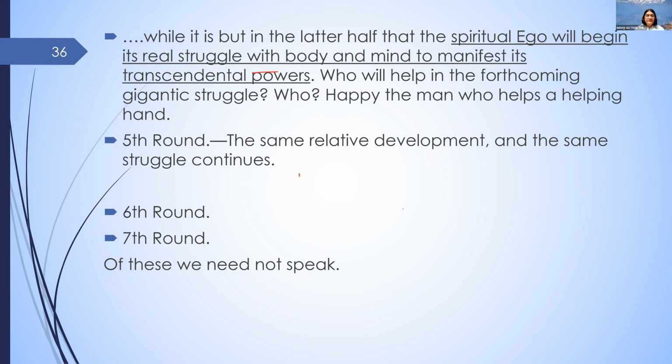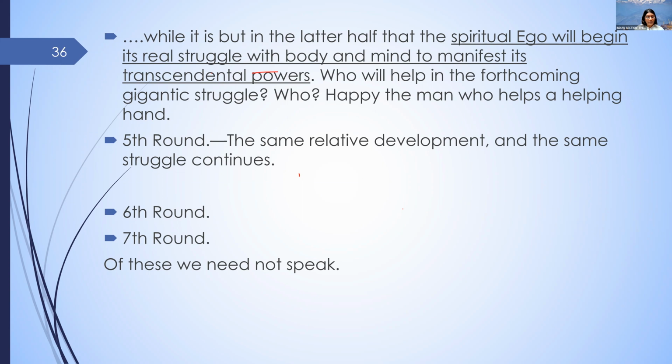So no external God is going to come to our help. Each one has to win his own battle. And he alone has to help his higher self to win this battle and make his personality submit to his spiritual ego. So that is the kind of struggle which will happen within each one's own self.